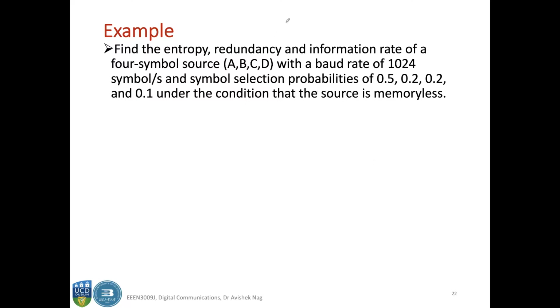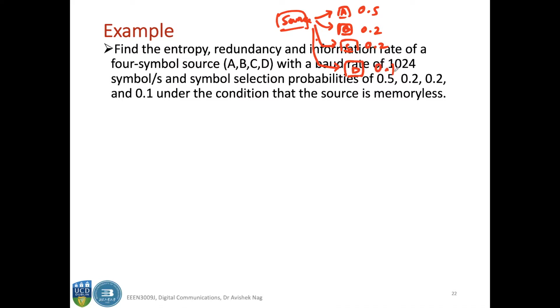So basically your source is emitting 4 symbols, A with probability 0.5, B with probability 0.2, C with probability 0.2 and D with probability 0.1.